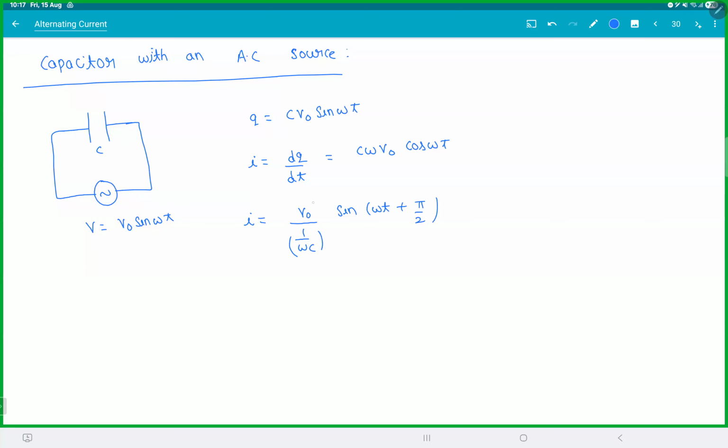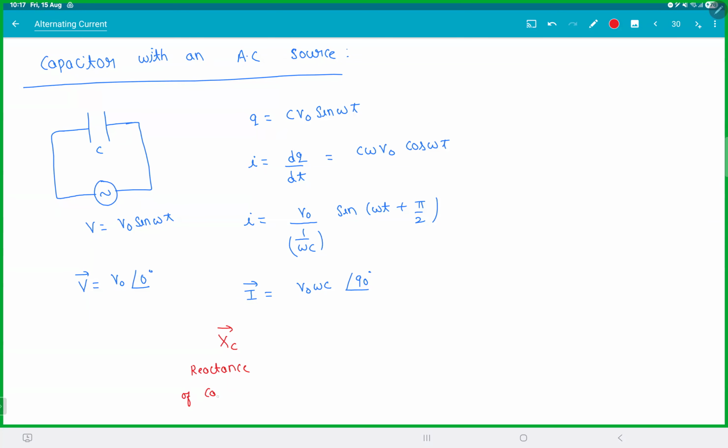Again, same idea. If you see, it looks like V by R, but you're getting a phase angle there. Therefore, I bar is nothing but V naught omega C 90 degrees. V bar is nothing but V naught 0 degrees. So we define something called XC bar. Just like inductor has XL, this is XC. Just to differentiate, this belongs to a capacitor.